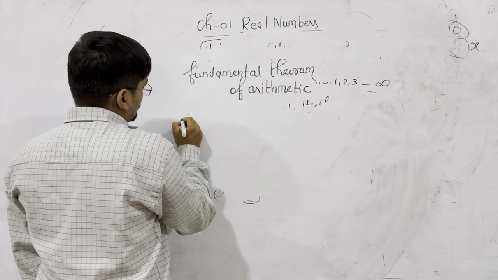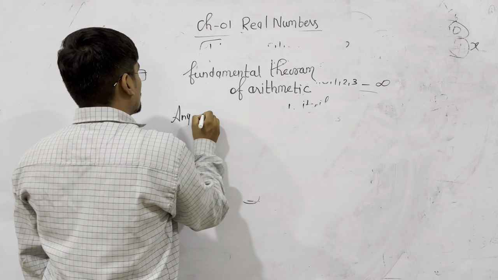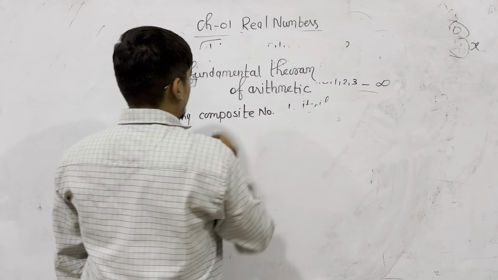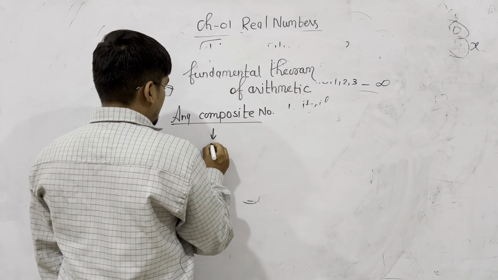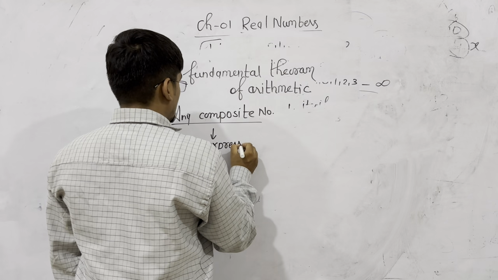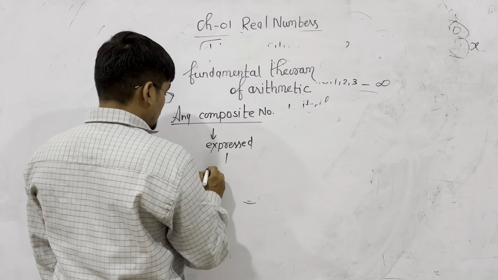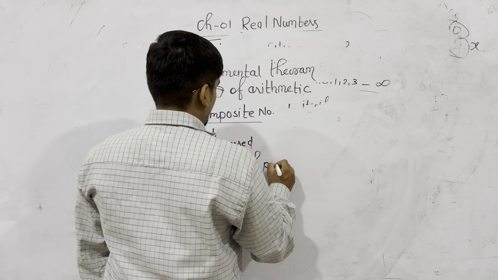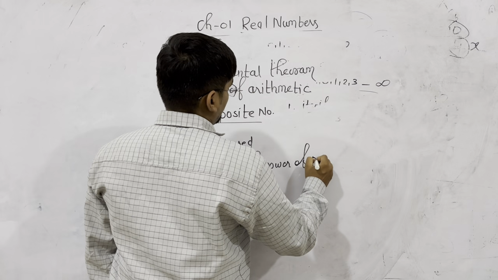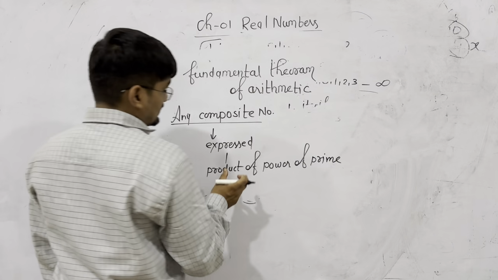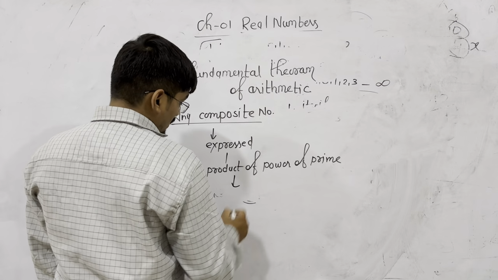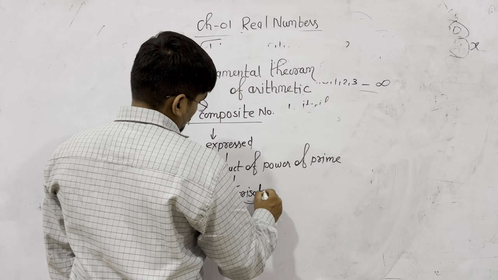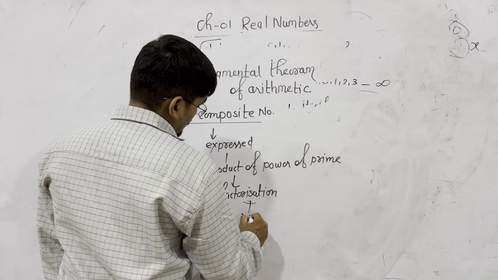So any composite number can be expressed as the product of powers of prime numbers, and this factorization is unique.